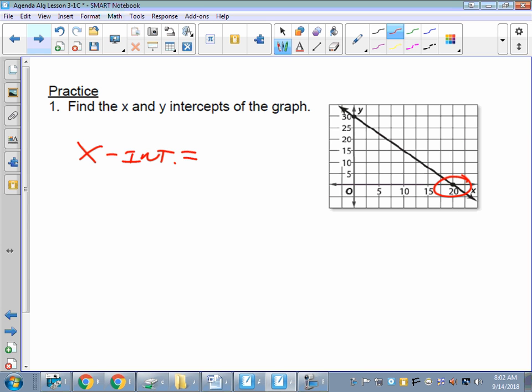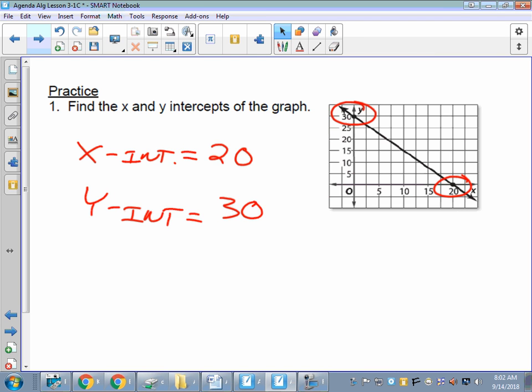So the x-intercept would be 20. And for the y-intercept, what's the y value where it crosses the y-axis? Remember, up is y. So the y value there is 30, and the y-intercept would be 30. So just where they cross that axis.